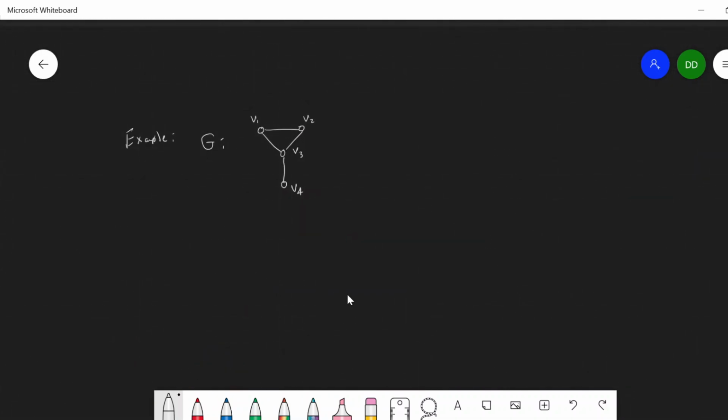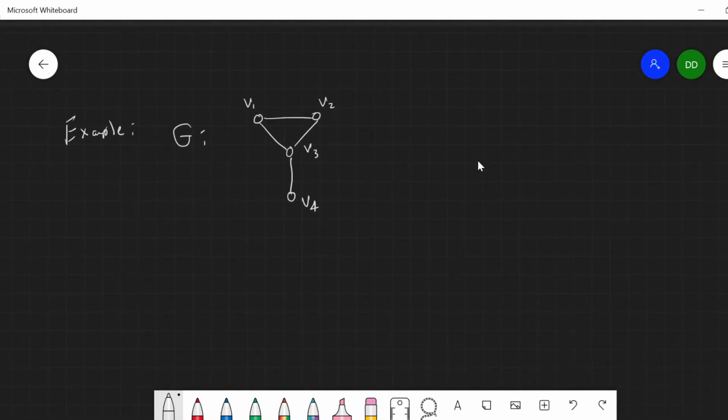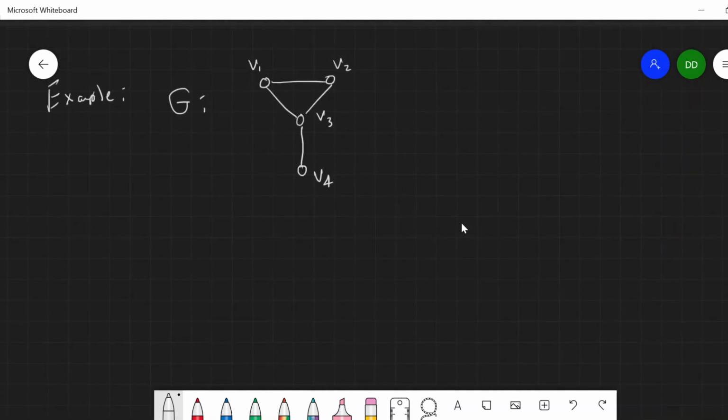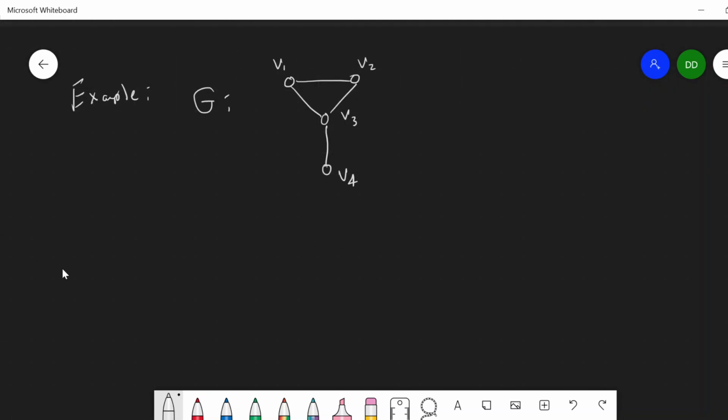Okay, so let's look at an example of this. So here I have this graph of order 4. Let's go ahead and find its adjacency matrix.